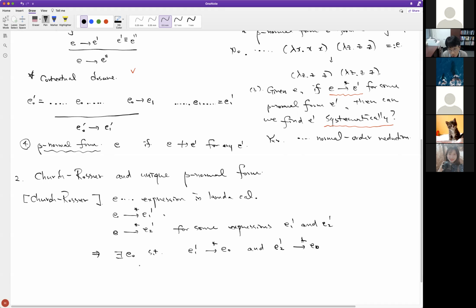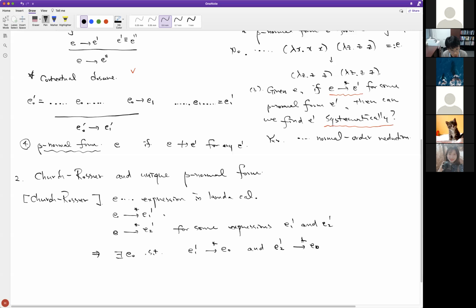But the theorem says that at that point, if we change our minds and say, I want to pick the contraction relation more carefully so that I can end up with the same final outcome, then that kind of wish can be achieved.